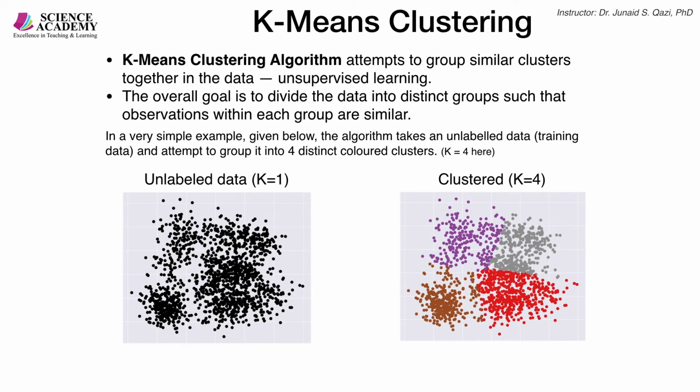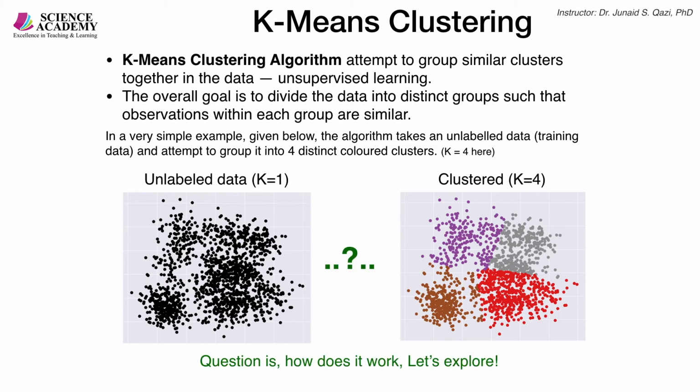In a very simple example given below, the algorithm takes unlabeled data, which is our training data, and attempts to group it into four distinct color clusters on the right side. So k equal to 4 here. k equal to 4 means we want to divide this data into four clusters.